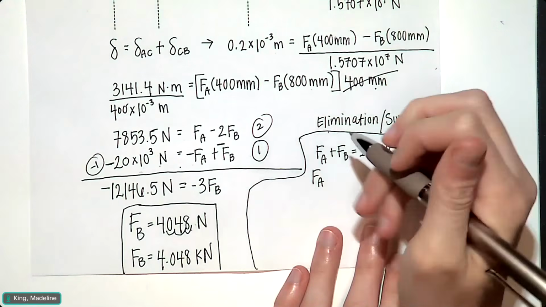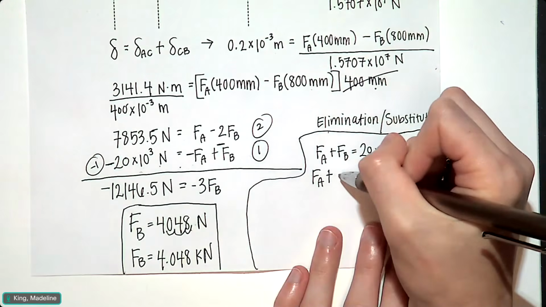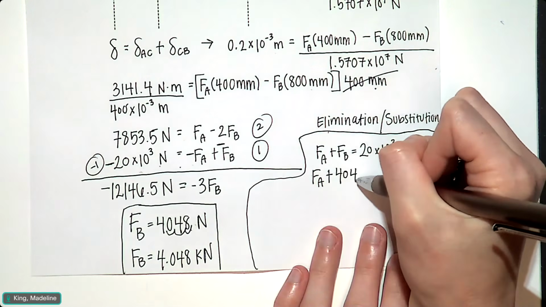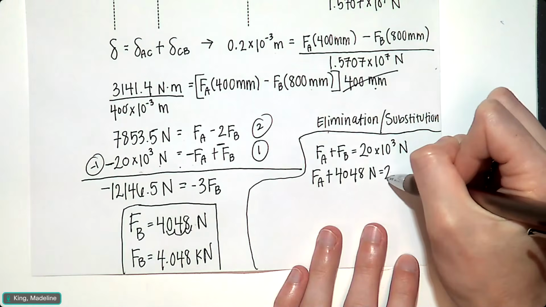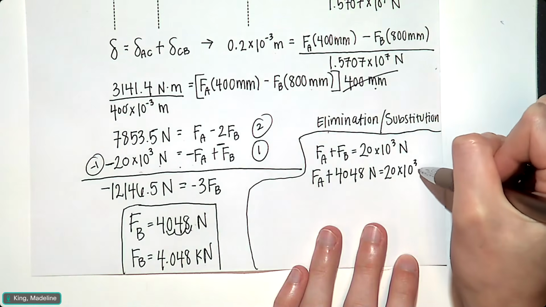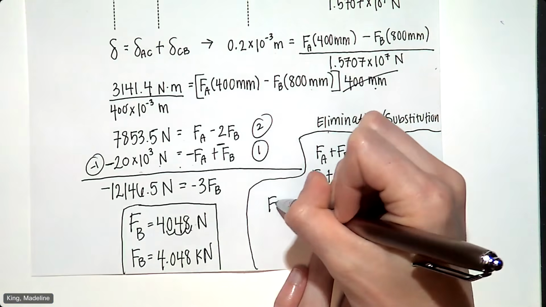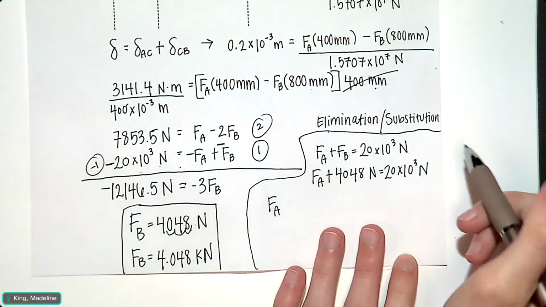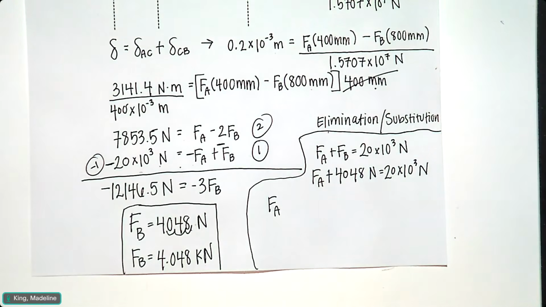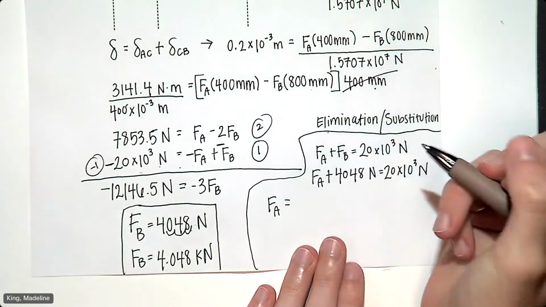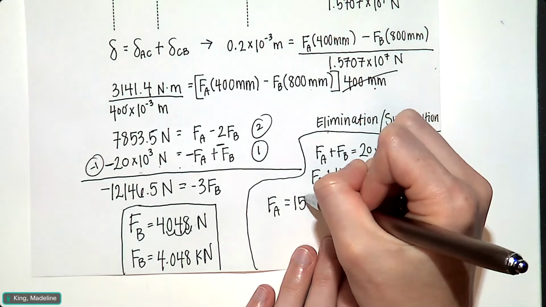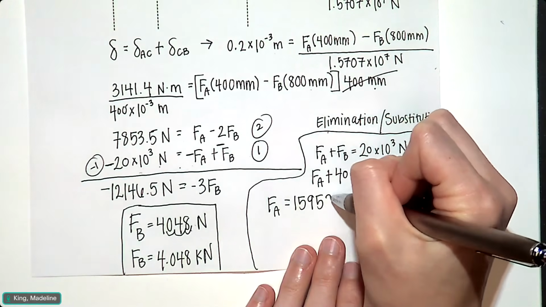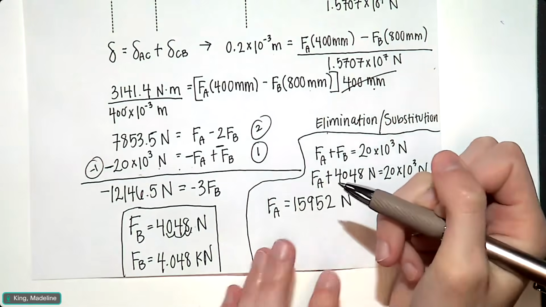Plugging in our known of FB, 4,048 newtons, and subtracting it to the other side, FA is equal to 15,952 newtons.